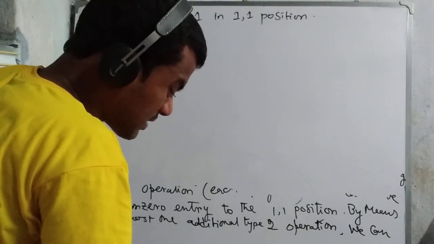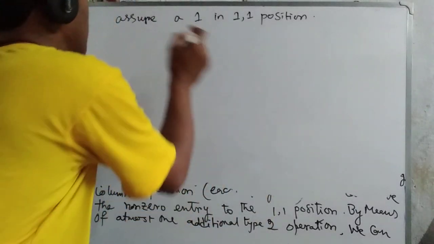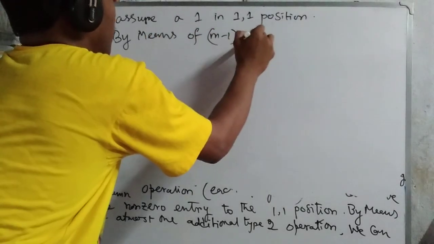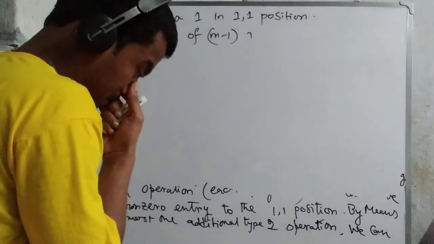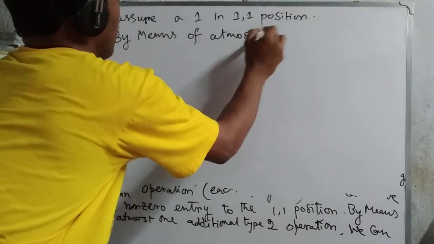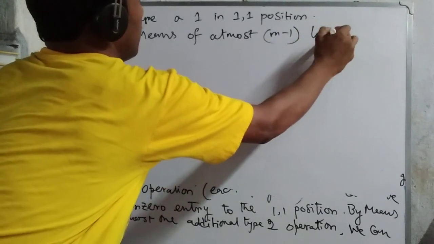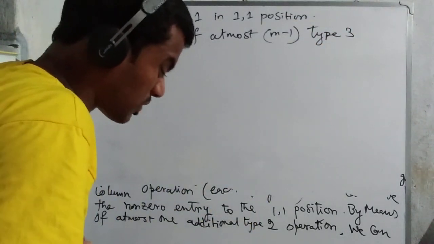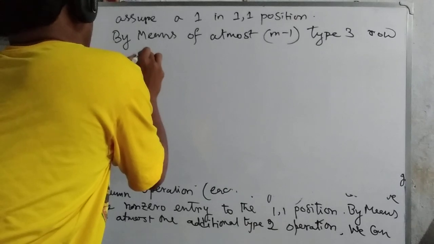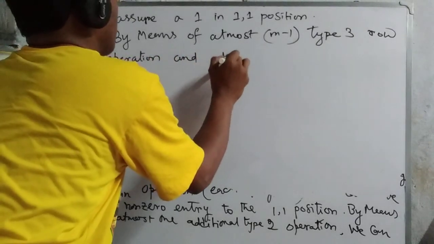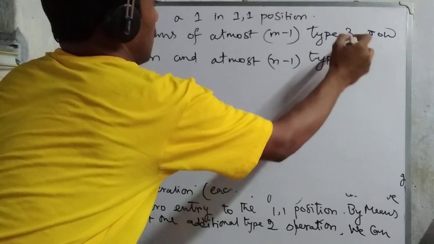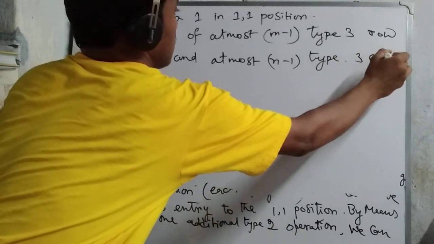Then obviously by means of at most m minus 1 type 3 row operation and at most n minus 1 type 3 column operation.